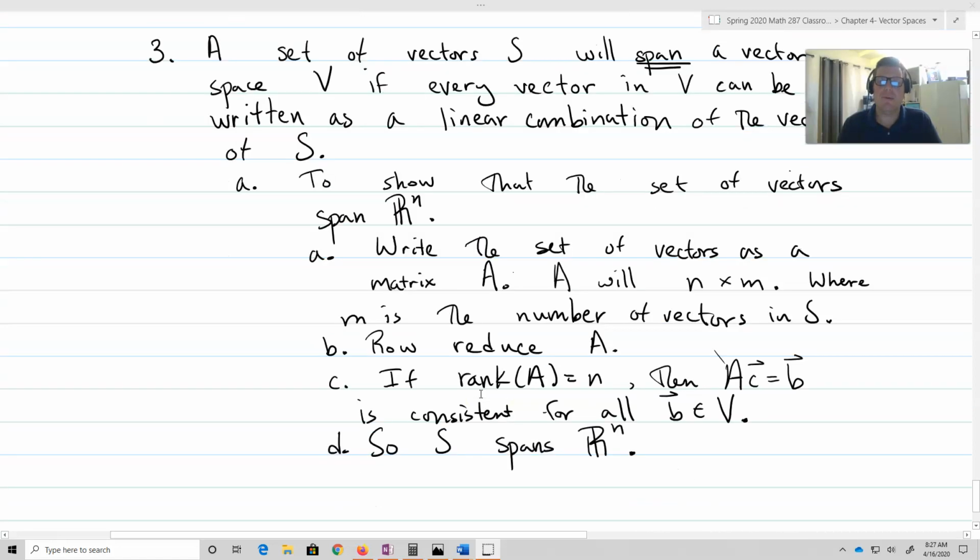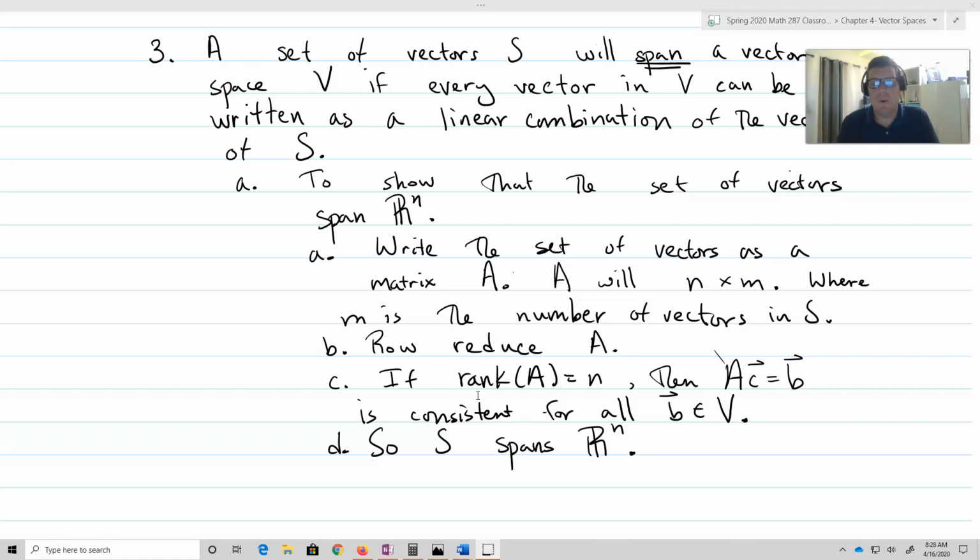A set of vectors S will span a vector space V if every vector in V can be written as a linear combination of the vectors of S. To show that the set of vectors spans Rn, we'll write the set of vectors as a matrix A. A will be n by m, where m is the number of vectors in S. Then we row reduce A, and if the rank of A equals n, the number of rows, then AC equals B is consistent for all B belonging to V. So S will span Rn.